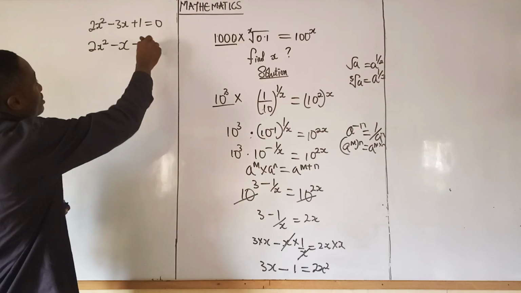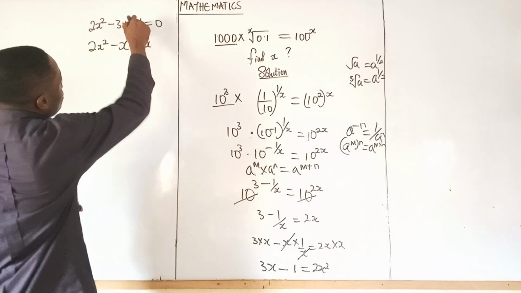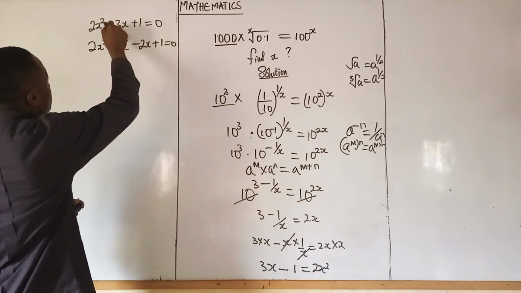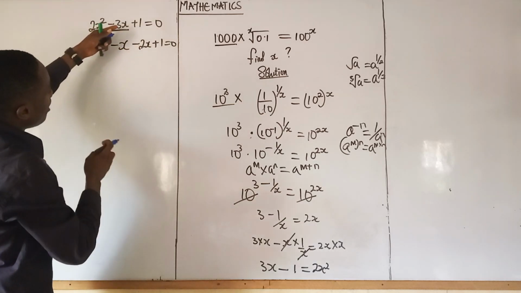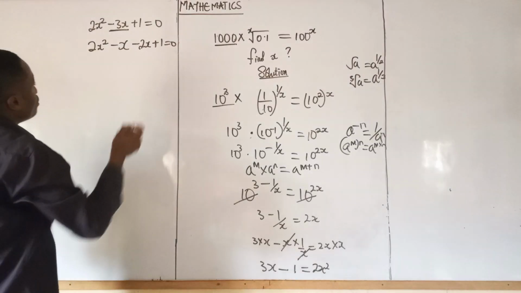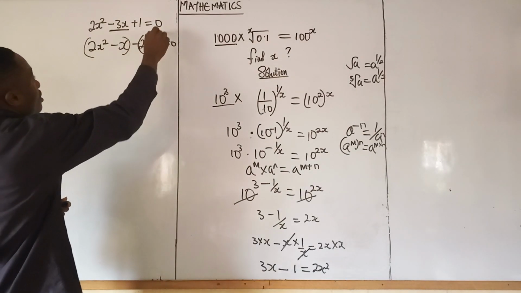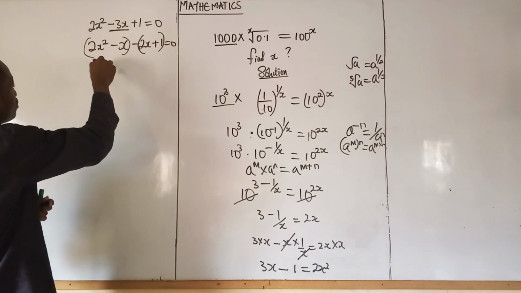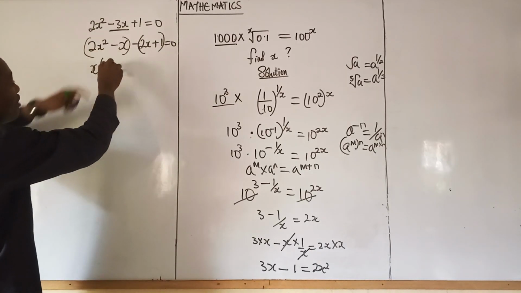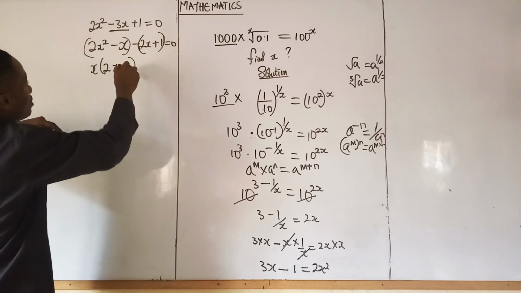Minus x, that is 1. Minus 2x would give us that, right? So plus 1. I substituted the middle term with this because minus 1 minus 2 is minus 3x, right? So factorize now. I'm going to have something common here, x, bracket 2x minus 1. I've removed one x here and left with 1. Minus 1.